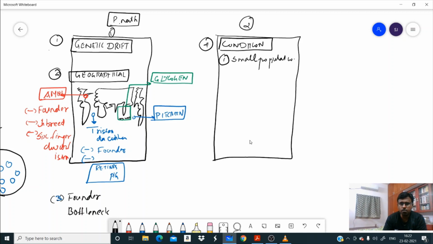Why small population? I will take this example. Let us assume the population is large. They will have more genes.